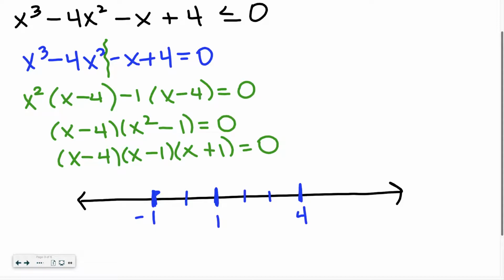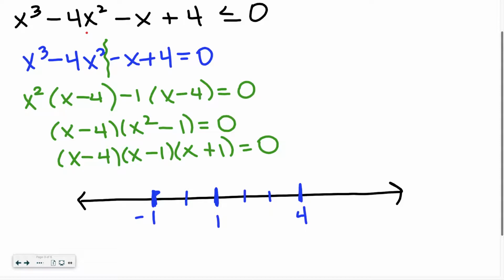All we need to do is pick one number in each interval and figure out if that interval works or not. So, what is a number less than -1? -2 sounds like a great one. So if we plug -2 in up here, -2 cubed is -8 minus 4 times 4, so we're negative, right? So we have -8 minus 16 plus 2 plus 4.